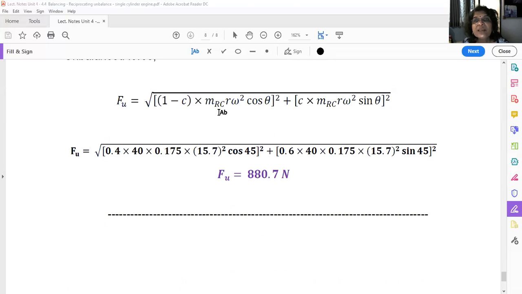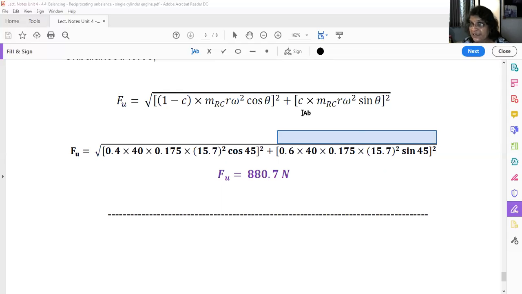So what is MRC? So 1 minus C. 60% is balanced, so C is 0.6, so 1 minus C is 0.4. MRC is how much? 40 kg, reciprocating masses. Then R omega square, R is 0.175 meter, omega is 15.7, cos 45, bracket square. Plus, how much is the vertical component unbalance?